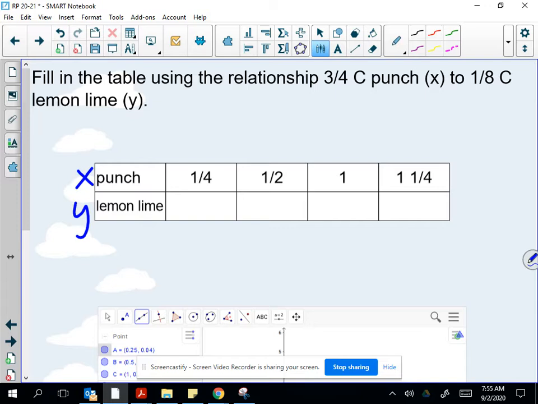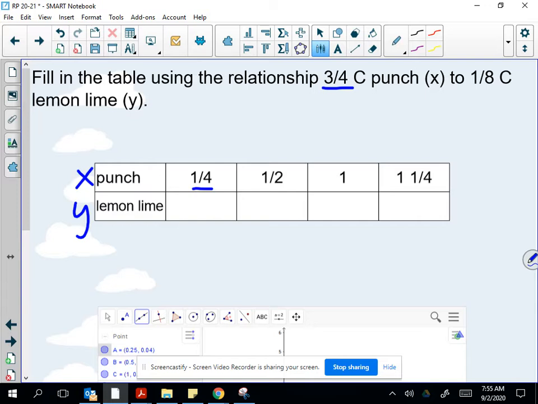In this table, I don't see the 3/4 on here for punch. I could add it at the end over here, but I also am noticing these actually go in order from least to greatest. So I'm going to figure out where to place 3/4 on this, where it would be in order. I'm looking at 1/4 here. This is 1/2.